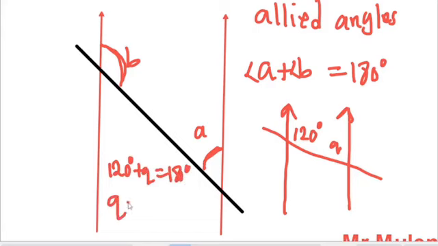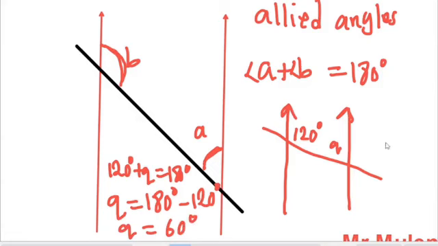So Q is equal to 180 degrees minus 120 degrees, and this gives us angle Q equal to 60 degrees. Meaning that here you are going to have an angle of 60 degrees, such that when you add 120 plus 60 degrees, it gives you 180 degrees. So these properties are very important.